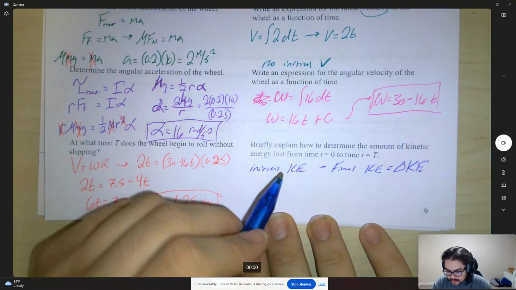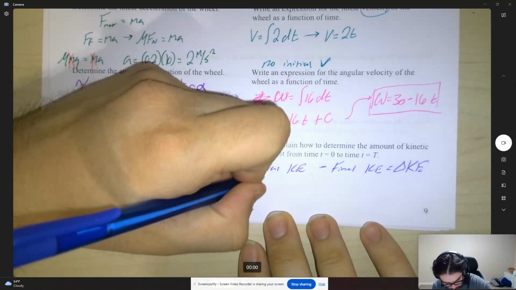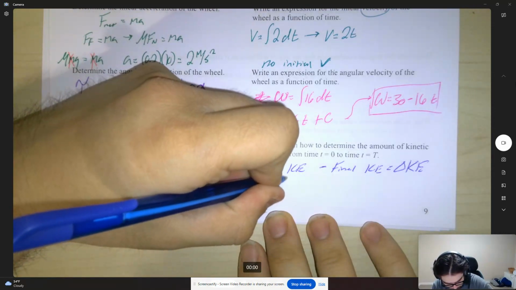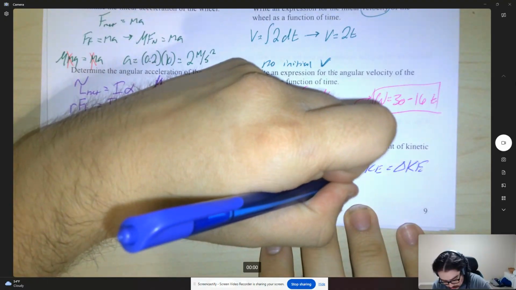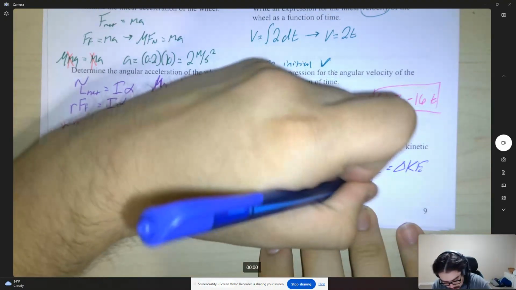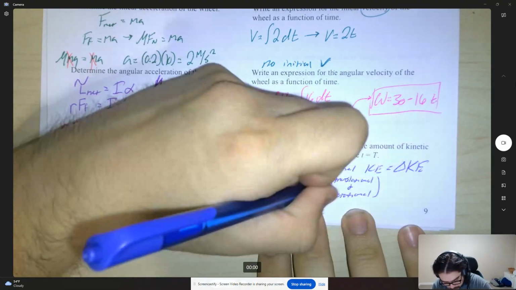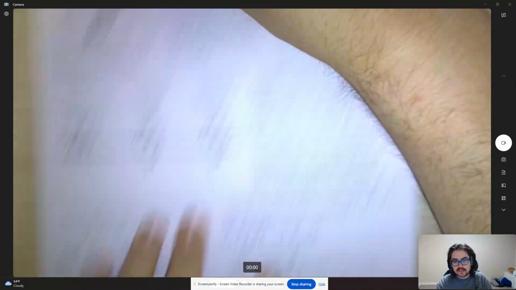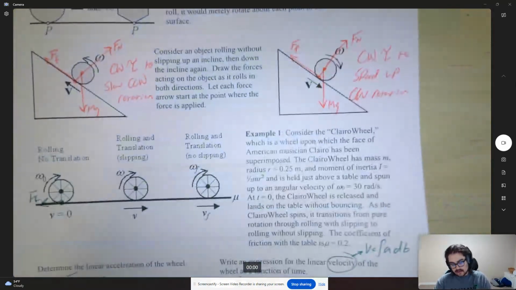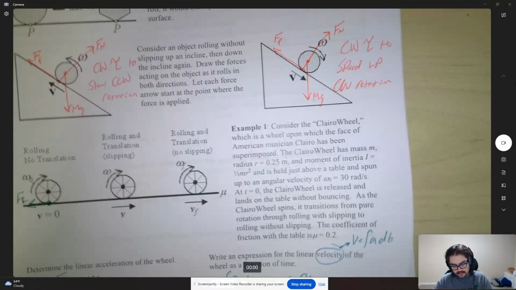And then when you calculate this out, you have to understand that the initial kinetic energy is all rotational because this is before it hits the table. The final kinetic energy is translational and rotational. So if you figure out the difference, you subtract and you get however much energy is lost in the course of that action.